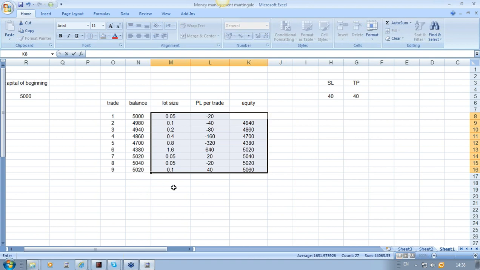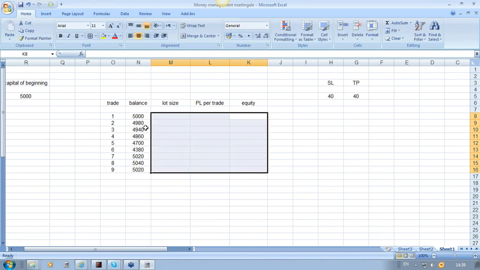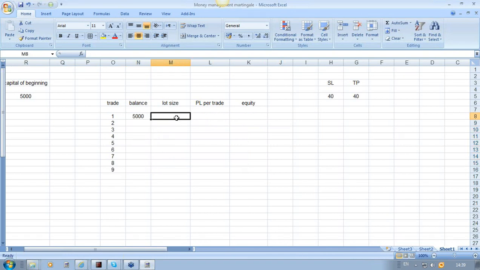Okay. I just wanted to show you something. If I started with 0.2, for example, and lost $80, then 0.4 and lost 160, right?